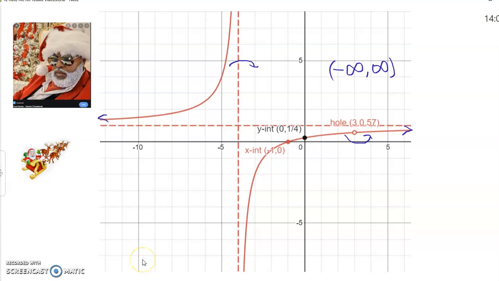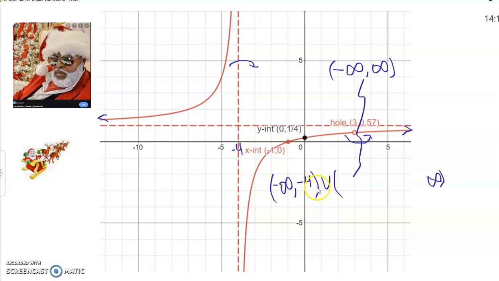So when you're writing the domain for these rational functions, instead of this whole negative infinity to positive infinity, yes, negative infinity, yes, to positive infinity, but in between you have to do a little special dance. You go from negative infinity until you get to this vertical asymptote of -4, and then you skip over it. And this is kind of algebra's way of showing interval notation.